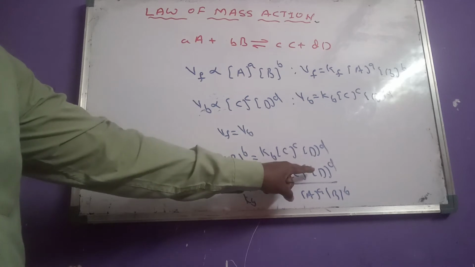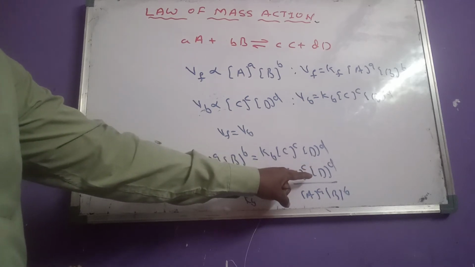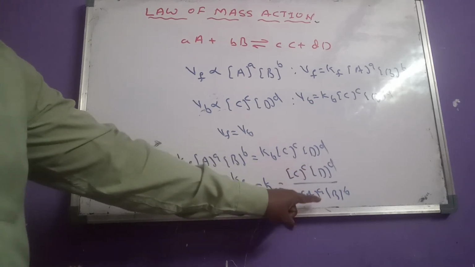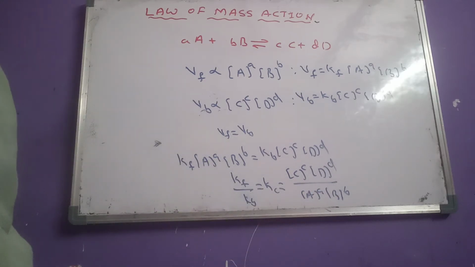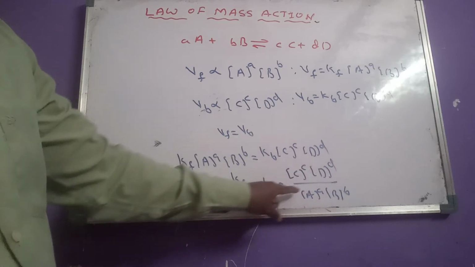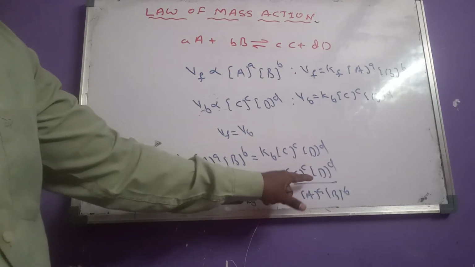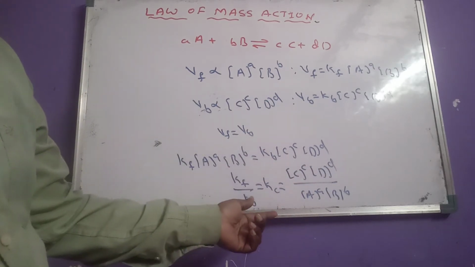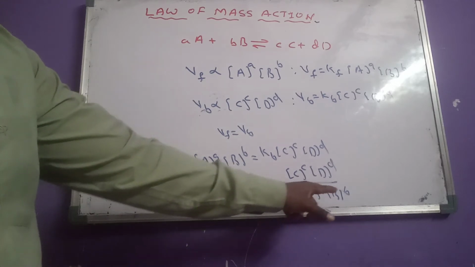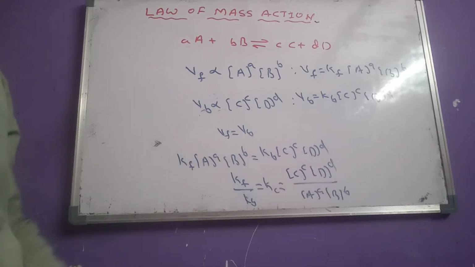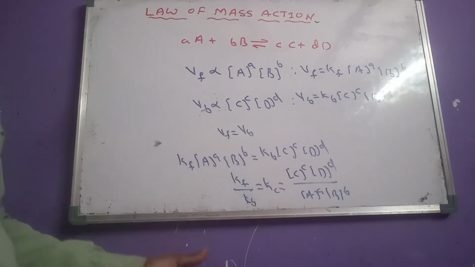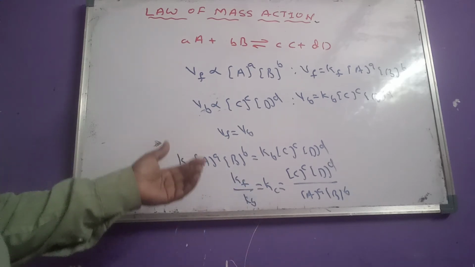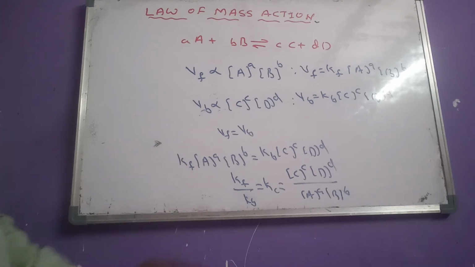For any reaction, how do we write the Kc expression? Active masses of the products are written in the numerator, and active masses of the reactants are written in the denominator. That means the ratio of the product of active masses of products to the product of active masses of reactants is known as Kc. While writing the Kc expression, we have to note some important facts.